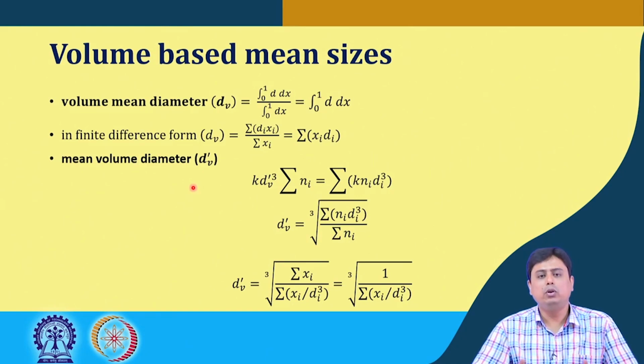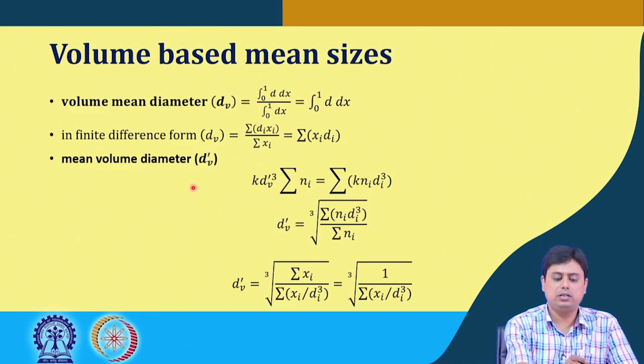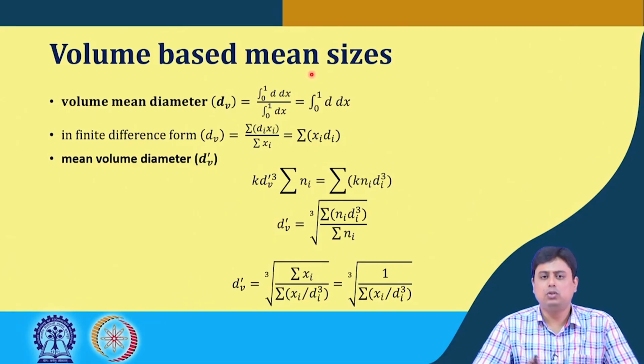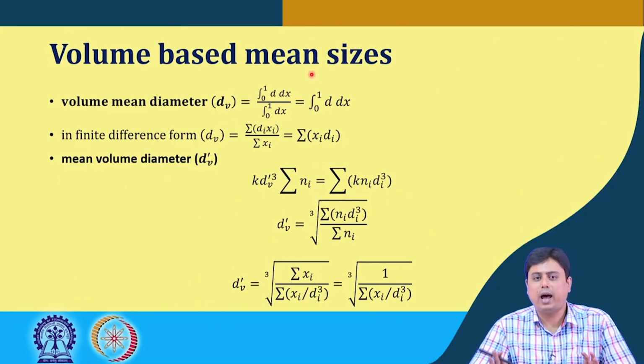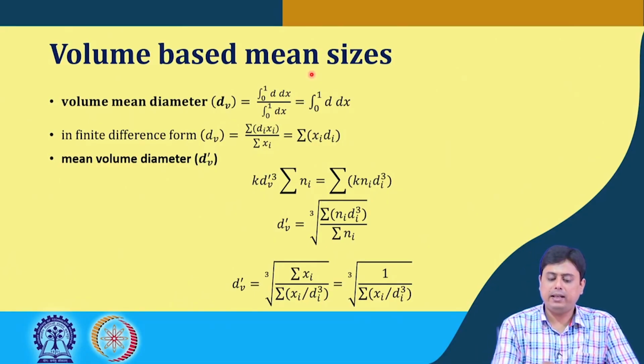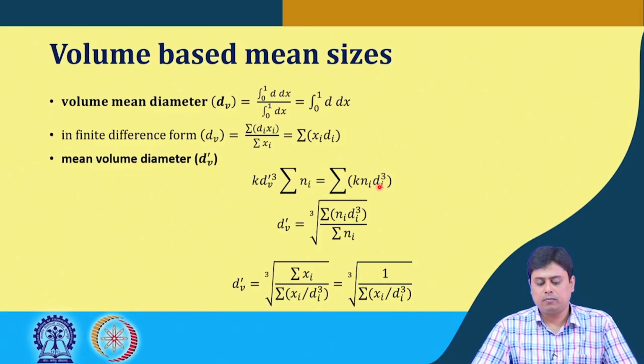Since we are defining this mean based on the volume, the volume is conserved and should be identical. By that, the definition becomes k d prime v cubed, which is the volume multiplied by the number of particles, is the summation of the individual components. By doing this we can find the mean volume diameter as this expression.